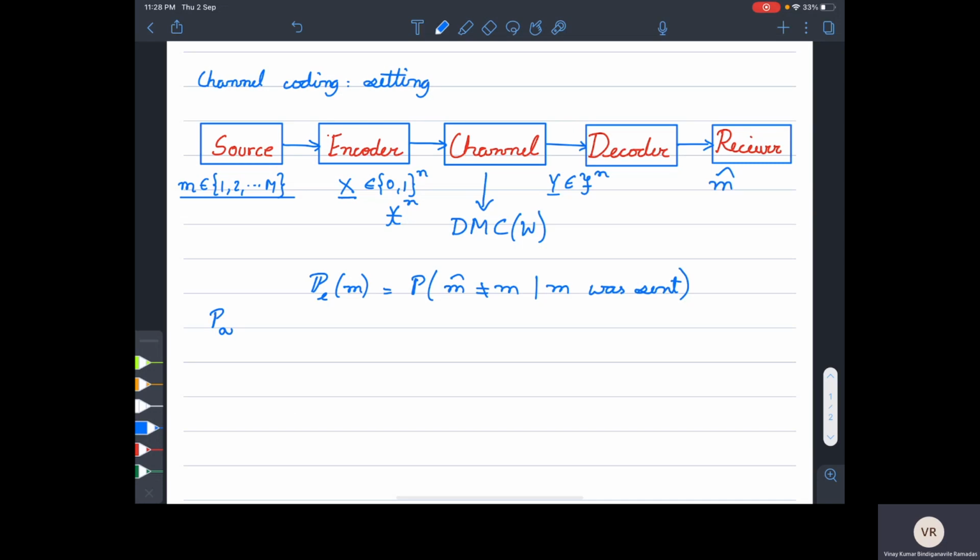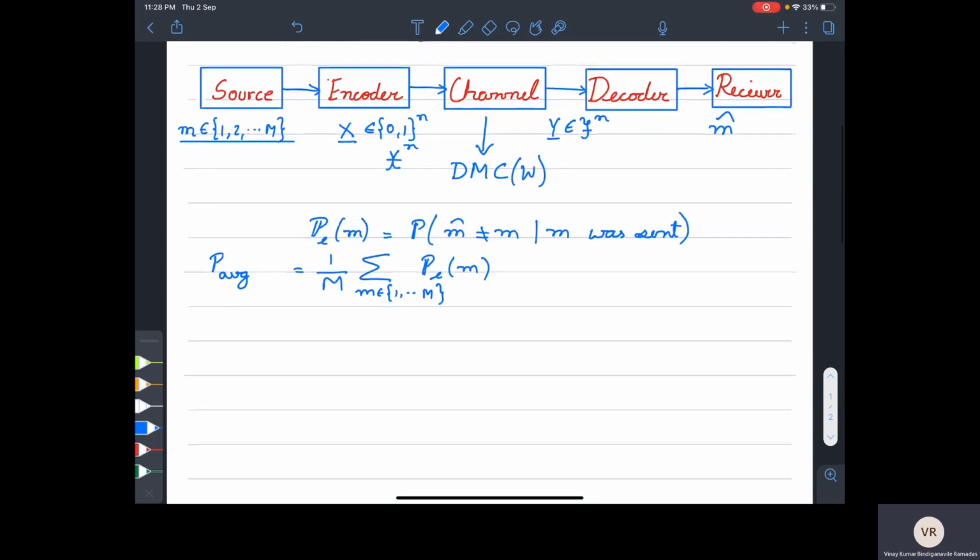One is the average probability of error, which is given by 1 by M times the sum of these probabilities, and then there was the worst case probability of error or the maximum probability of error.